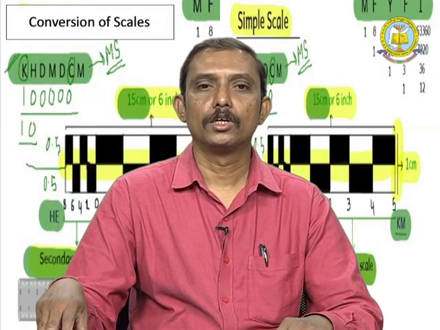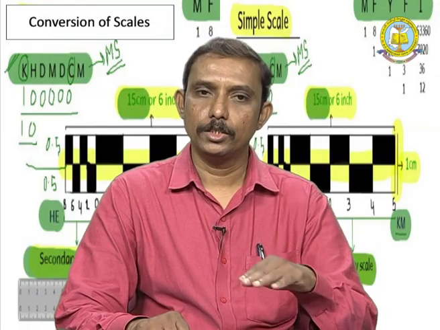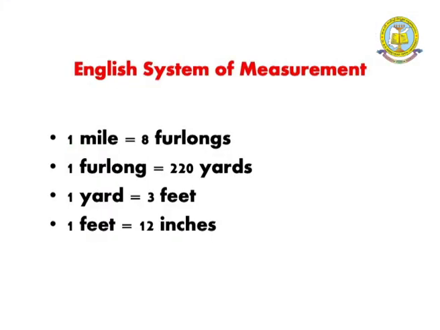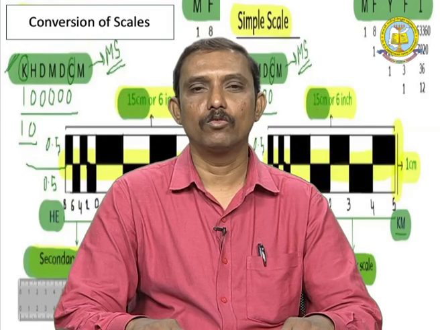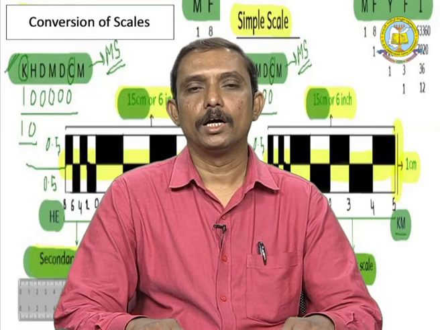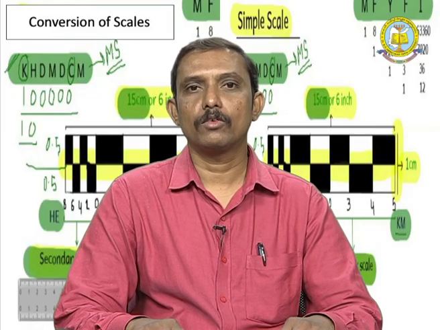In the English system, 1 mile is equal to 8 furlongs, 1 furlong is equal to 220 yards, 1 yard is equal to 3 feet, 1 foot is equal to 12 inches. These two measurement systems are very useful in conversion of scale from statements to the RF, and RF to the diagonal scale.